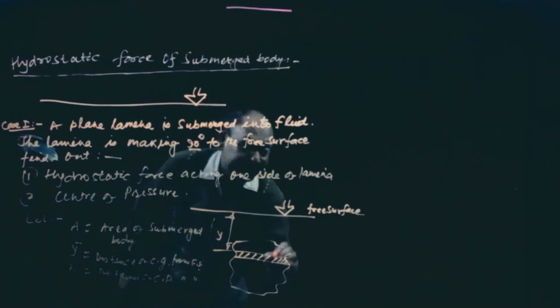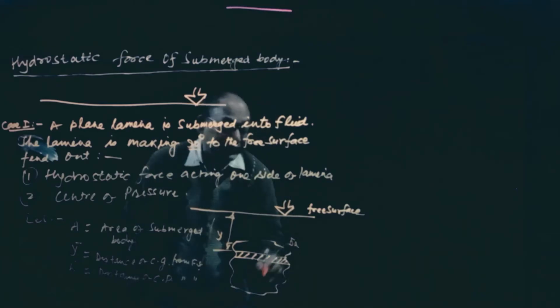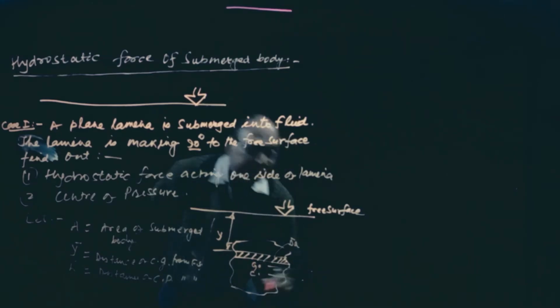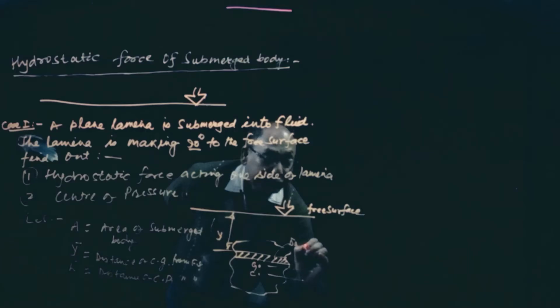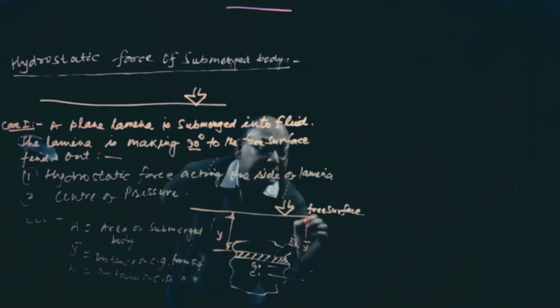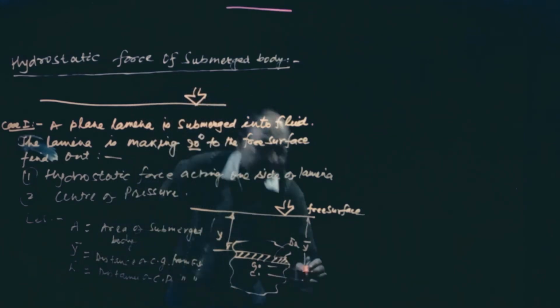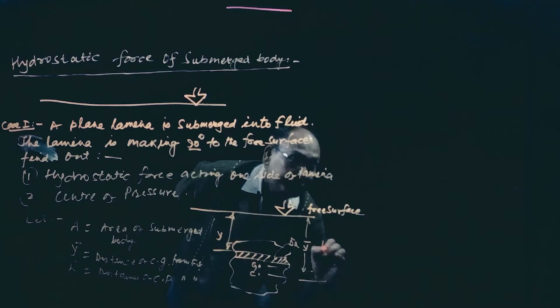Okay, so this area is, let us call it a delta A, center of gravity point G, and center of pressure will be C. So as per assumption, we are calling it as Y bar, that is the free surface. Okay, that is Y bar is the distance of center of gravity from free surface, and this is H bar.